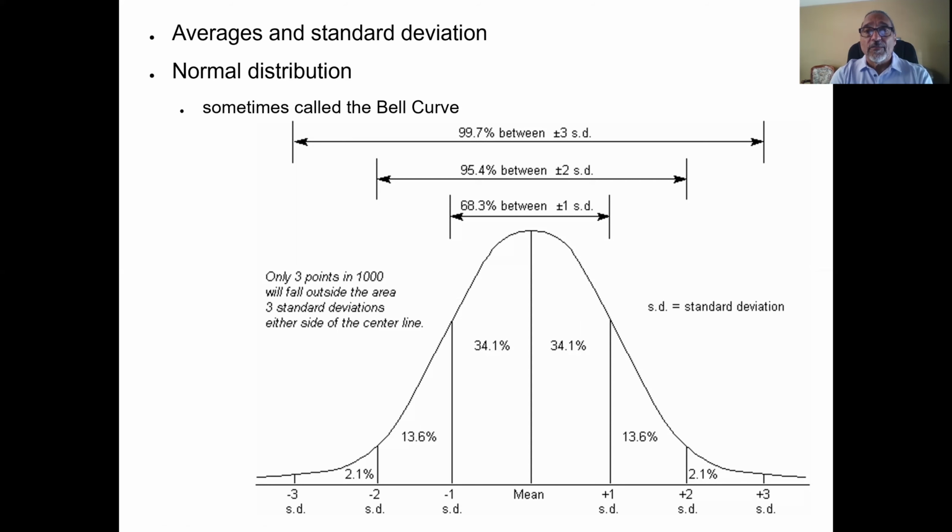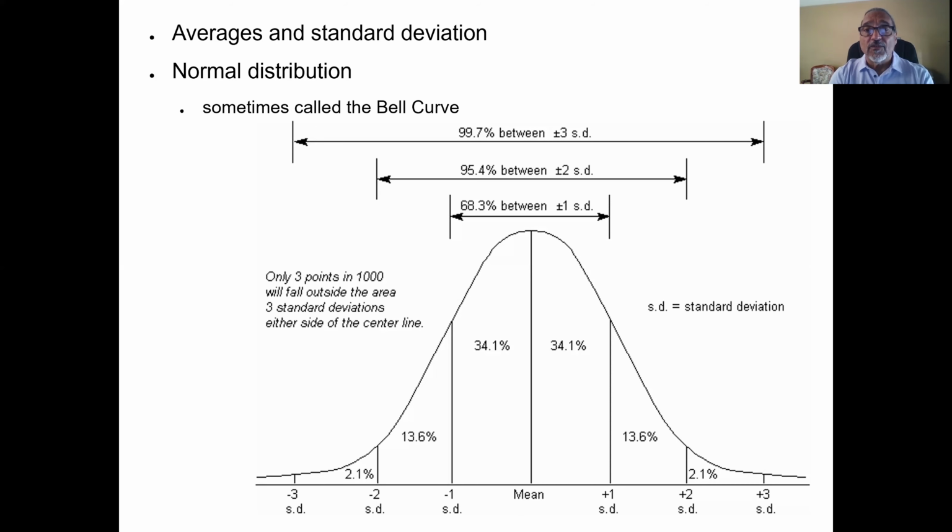And the normal distribution is a situation where numbers of individuals or the frequency of individuals in any continuous measurement, when plotted, the x-axis would be the measurement itself, and the y-axis would be the number of individuals or perhaps the frequency of individuals.